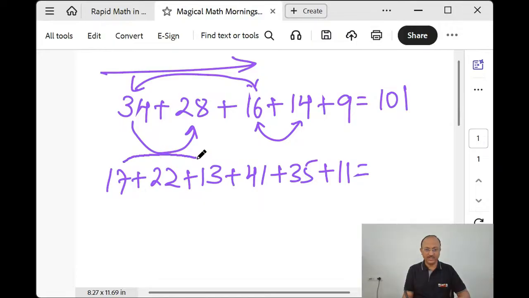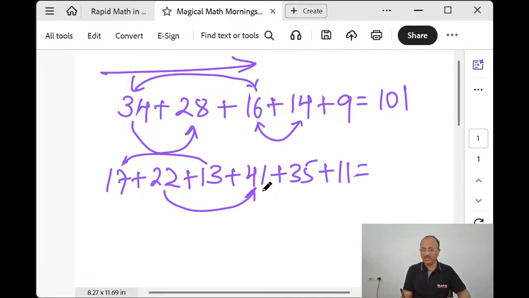In this case, 30. See, I didn't say 17 plus 13. Directly, you visualize 13 plus 17, that is 30, 52. Because directly, I'm adding 20, 30 plus 20 makes 50. And the remaining two also I'll add directly. 52. Then 40, that is 92.